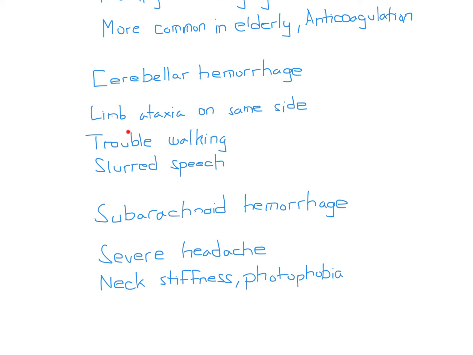So if you have limb ataxia, that's going to cause some unwanted movements, and that's going to impair walking. And so their gait exam for their neurological exam would be abnormal. Next, we would have slurred speech. And so this patient in this problem stem did not have any of this, so it wouldn't be cerebellar hemorrhage.